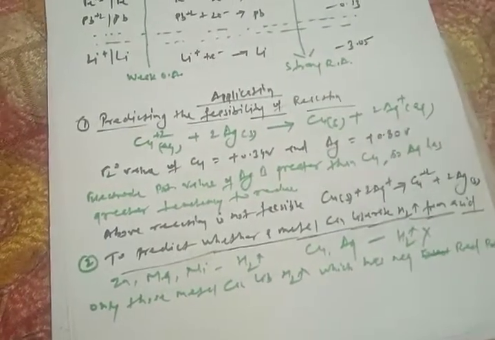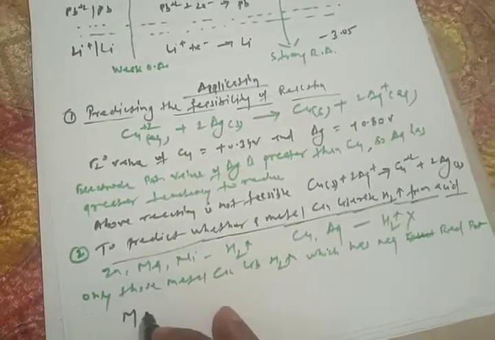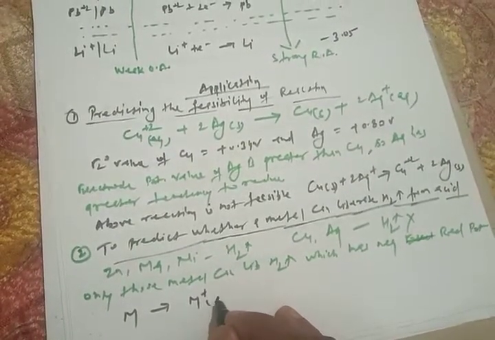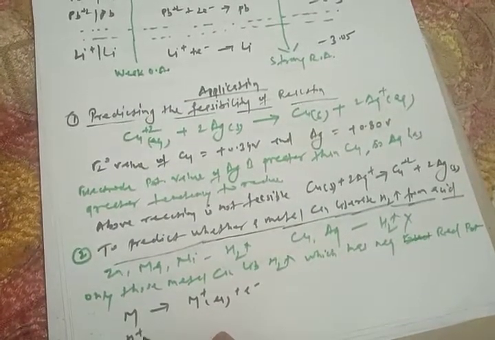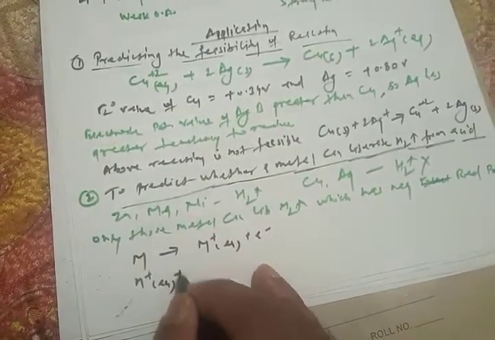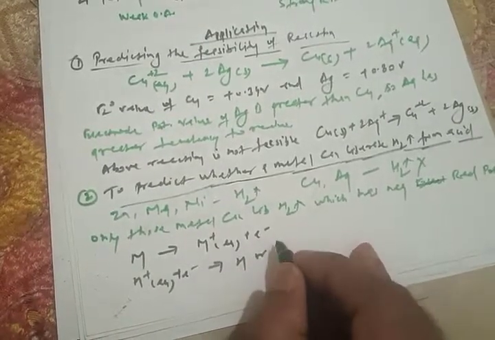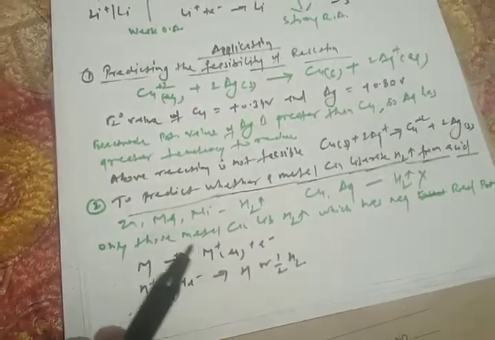Actually, what happens in this case is that the metal converts into an ion by releasing electrons, and this electron is taken by the H⁺(aq), and this gives hydrogen gas, H or half H₂. So this is the mechanism that takes place.